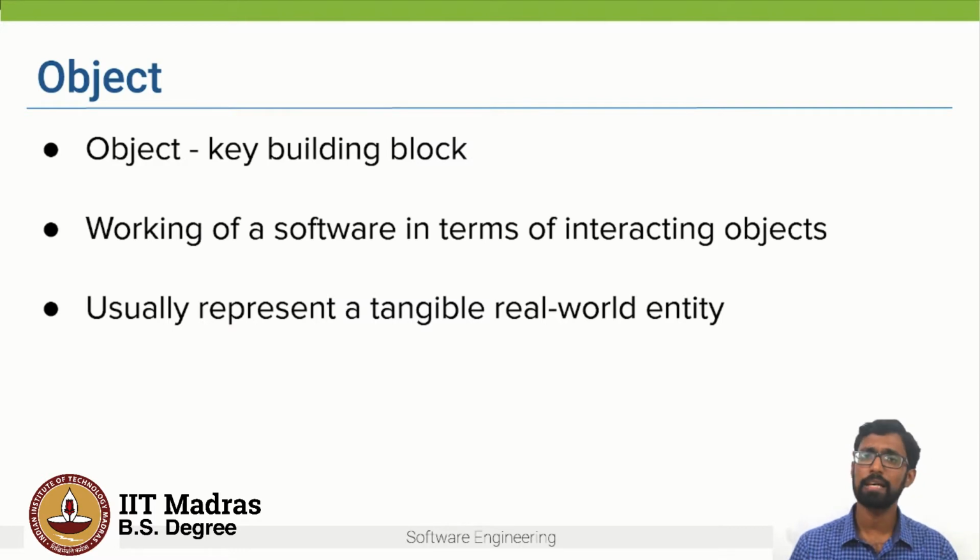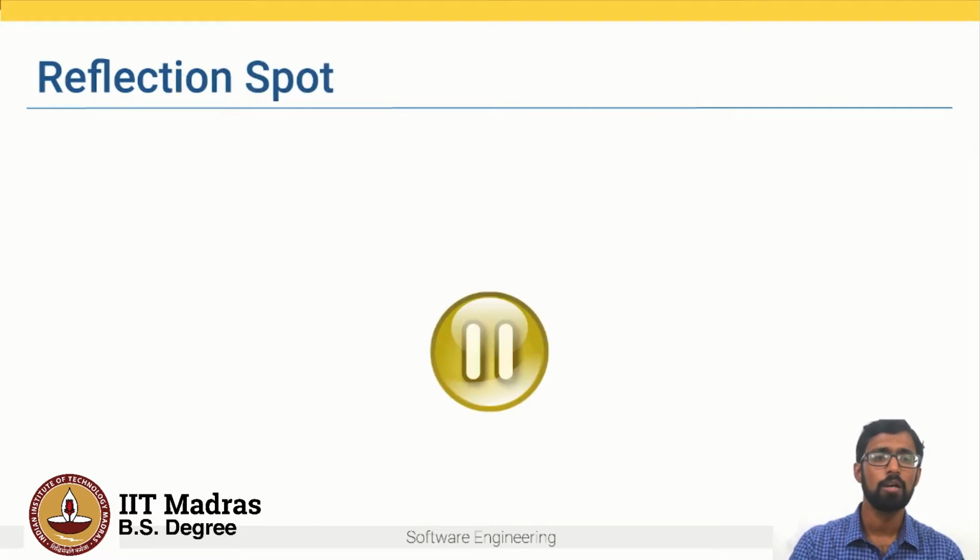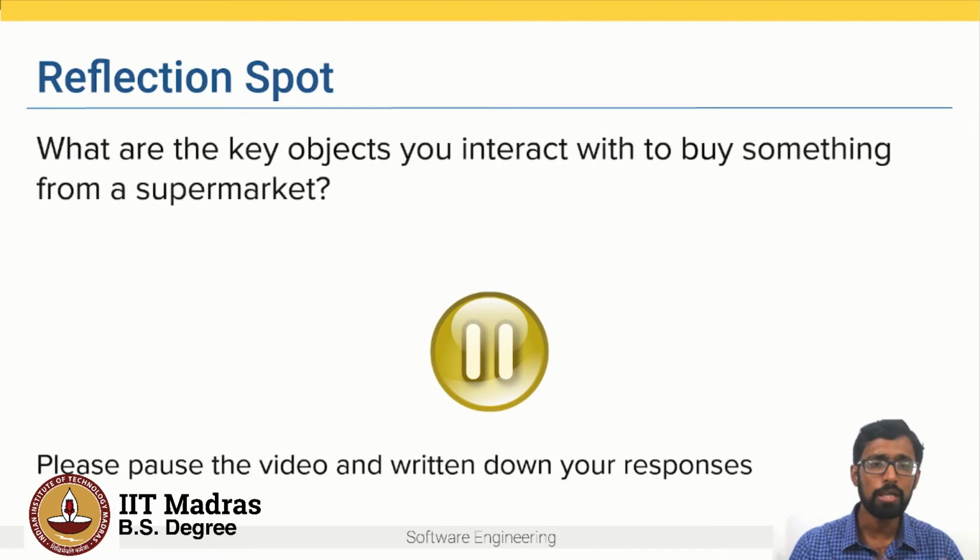So let's take an example of a supermarket. Consider you have to buy a set of things from a supermarket. Let's reflect on this for a moment. What are the key objects you interact with to buy something from a supermarket?